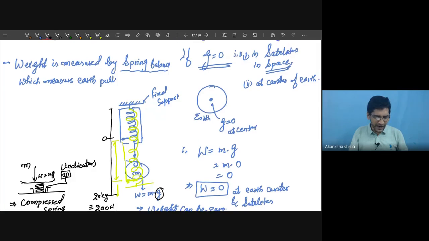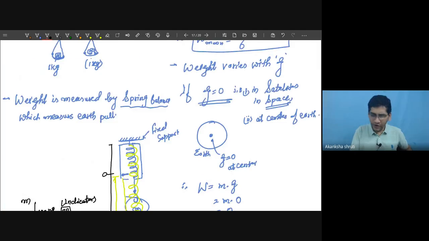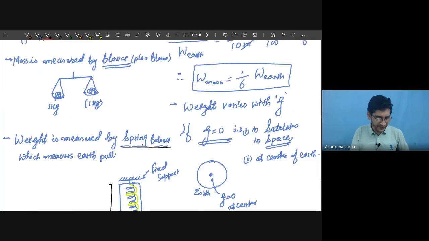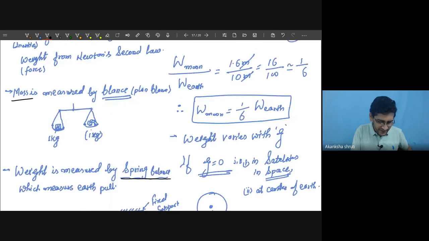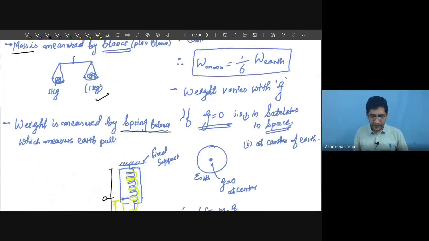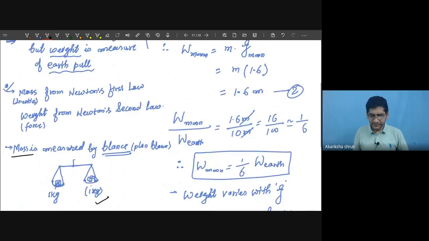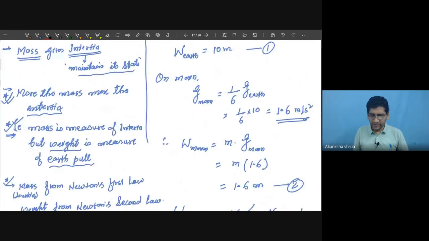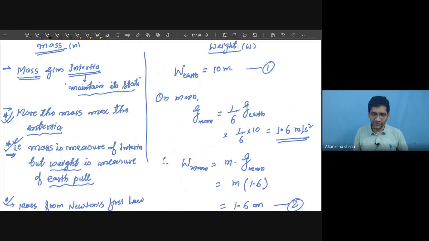So we have to keep in mind, weight is a force, it is measured by spring balance, but mass is simply the inertia, it is given by plane balance. So this was all about mass and weight. The mass can never be 0, but weight can be 0.